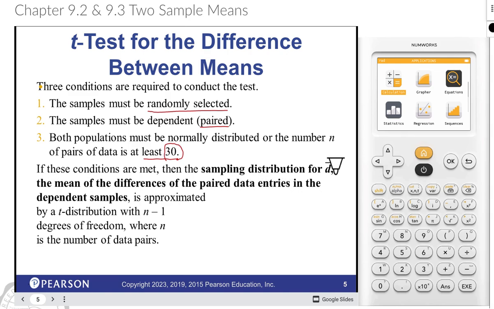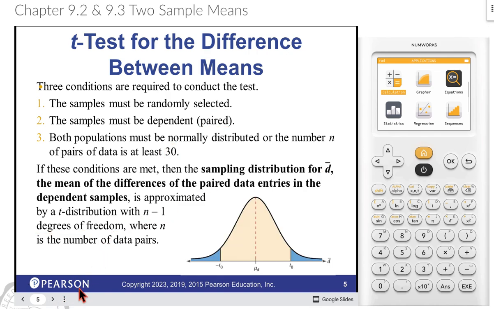So then what we're going to do is get the mean of the differences. Basically, we take the pre and the post, and we subtract them, and then that's what we use for our data. We're going to use a t-distribution with n-1 degrees of freedom. Remember, with a t-distribution, we always use one less than the sample size. Okay.